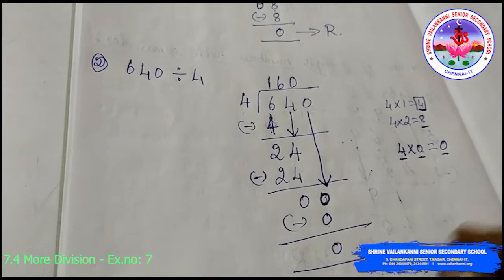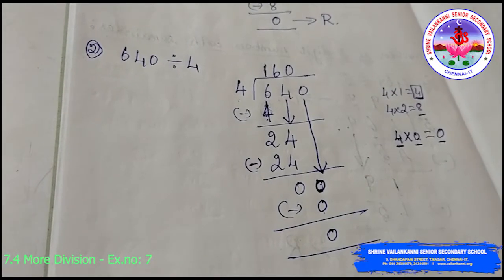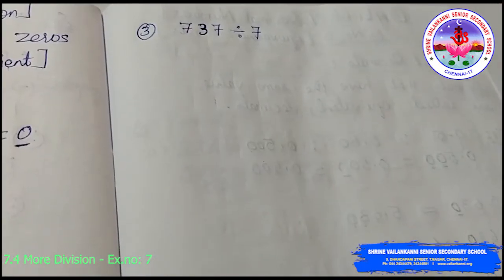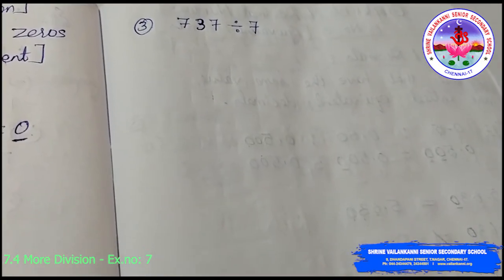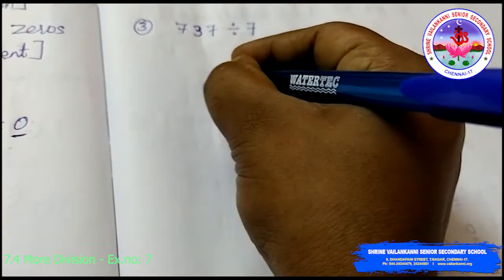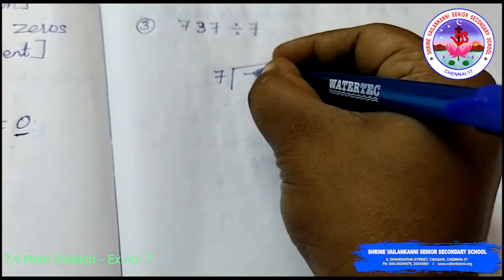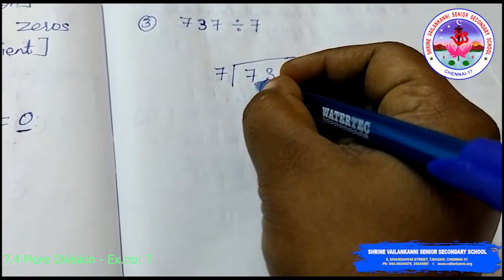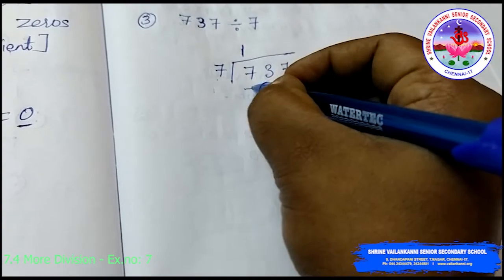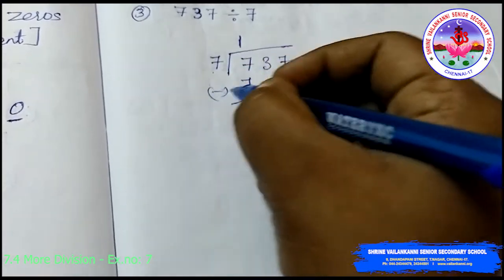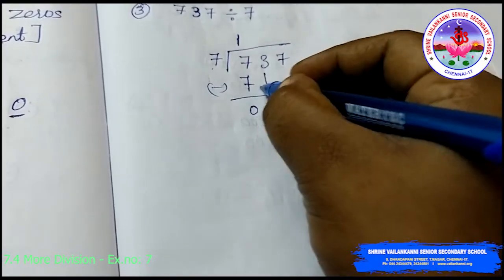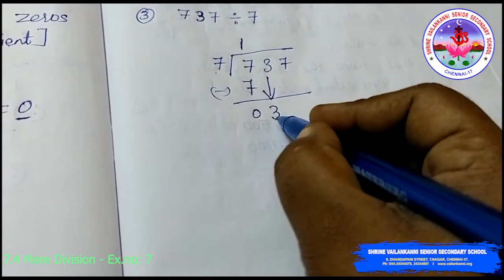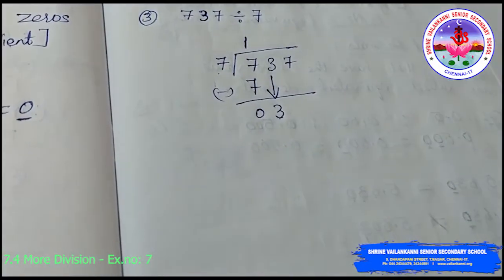Understood? I'll show you one more sum regarding this 0 concept. 737 divided by 7. So 7 is the divisor, 737 is your dividend. First digit: 7 ones are 7. If you subtract, you get 0, and this 3 will come down. Now 3: how many times will 7 go into 3? Will we get 3 in the 7 table?